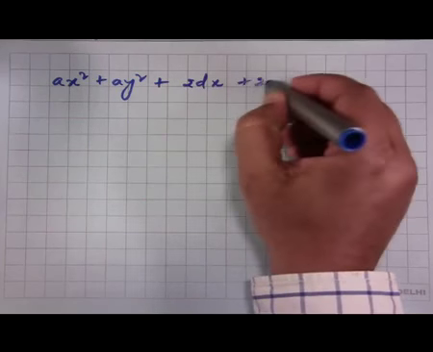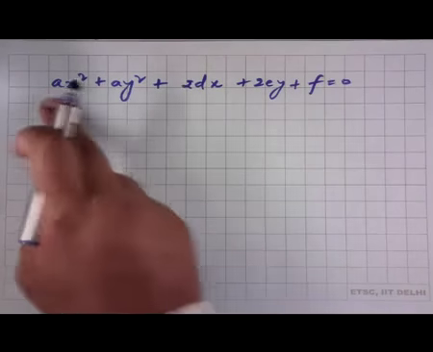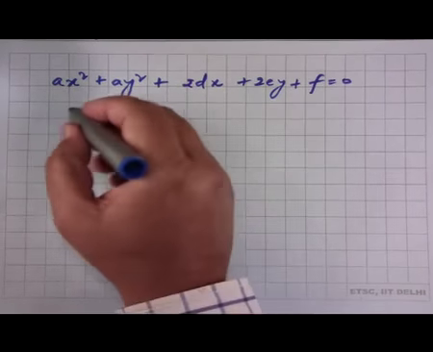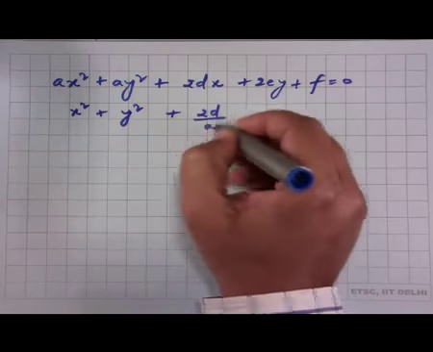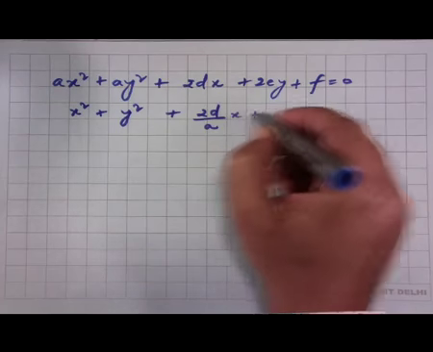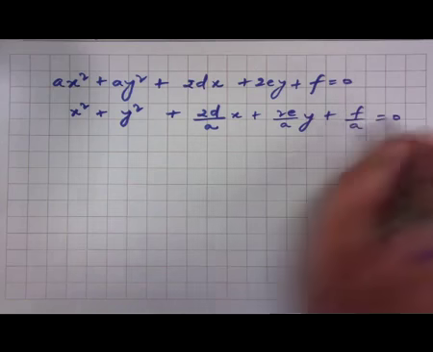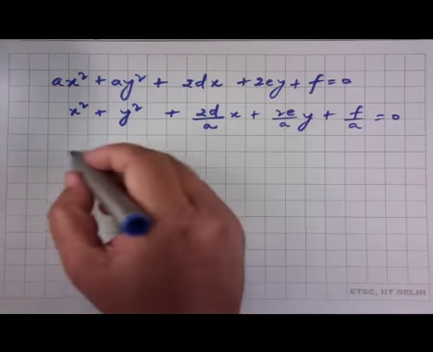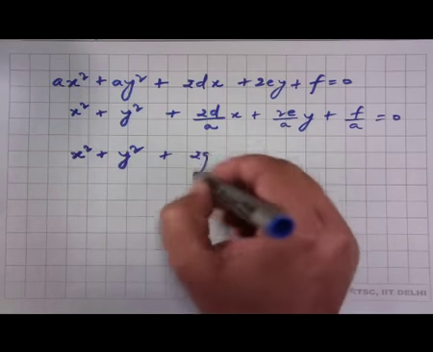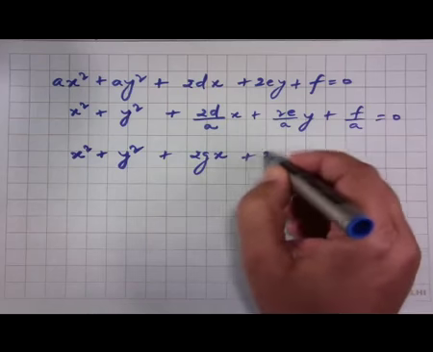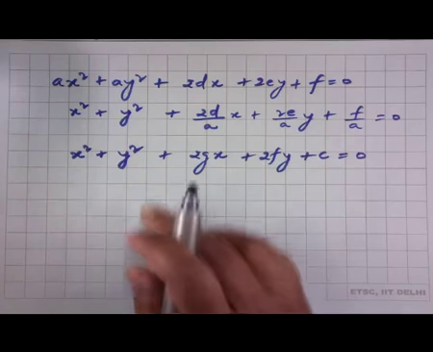2dx plus, and if we divide everything by a, we get, and this obviously is of the form x square plus y square plus 2gx plus 2fy plus c is 0.